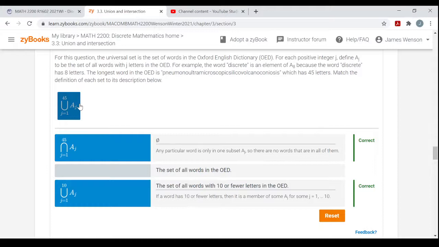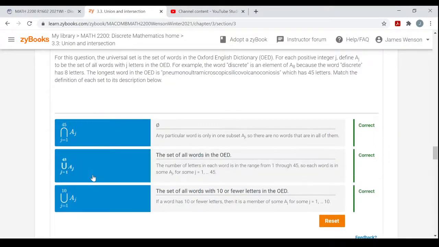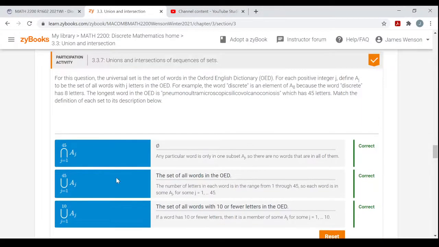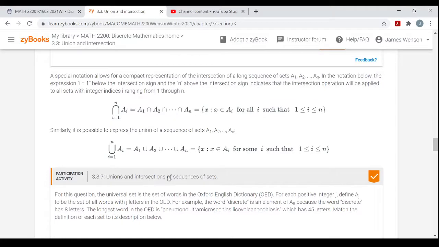Well, every word has either one or two or three or four or up to 45 letters according to this. So this set here contains every single word in the dictionary. Again, hopefully that notation is clear and explained pretty well up here.